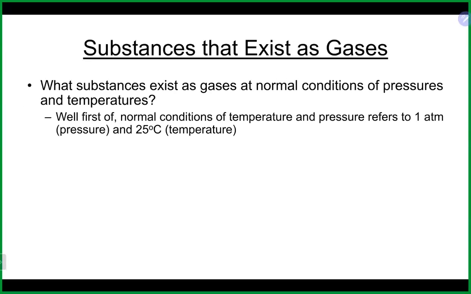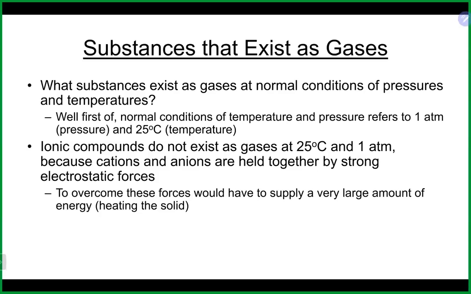So let's talk a little bit about substances that are gases under normal conditions. And when we talk about normal conditions, that's really sort of everyday conditions. So usually we think about temperature being 25 degrees Celsius and pressure being 1 atm, which is an atmosphere, and that is a unit of pressure.